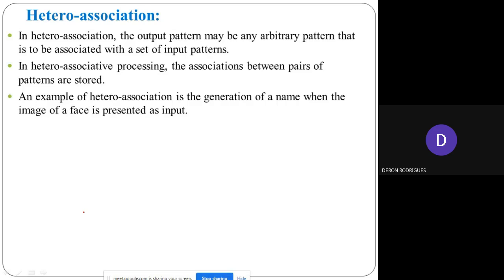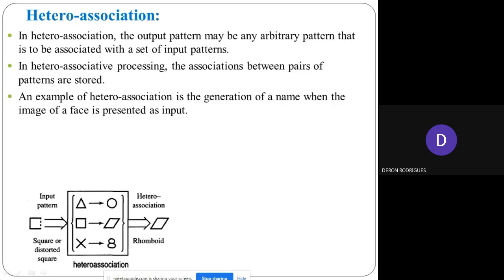What I told you previously was that whenever a distorted face is presented, the actual face will get displayed. But in this case it is one step more. The faces of different people are identified and a name is already given to them and stored in the memory. So whenever that particular person's face is identified, it will be mapped with his or her name, and then the name would be displayed.